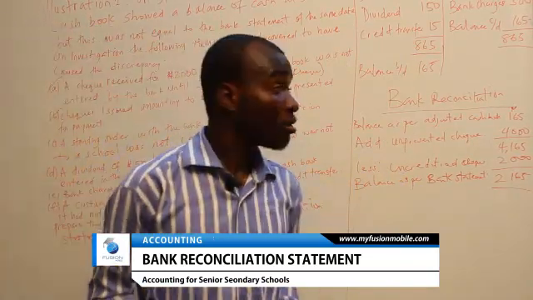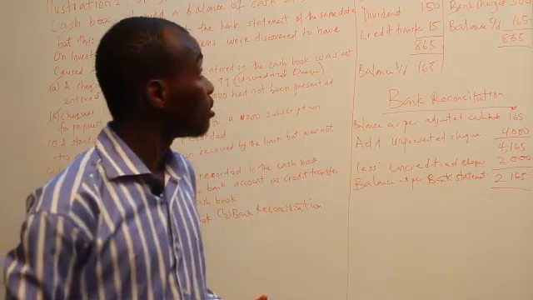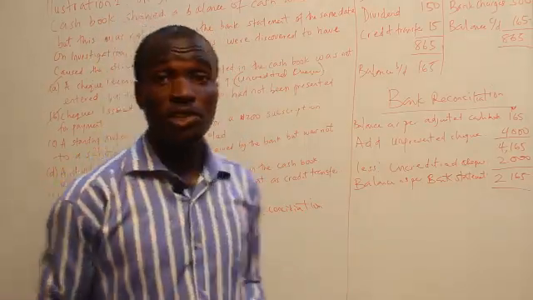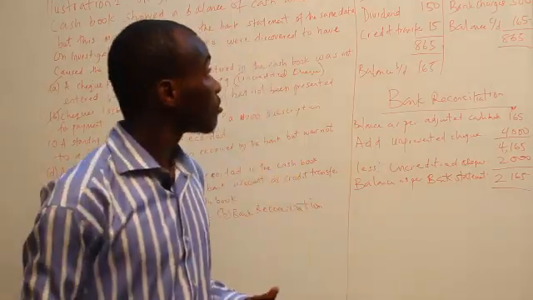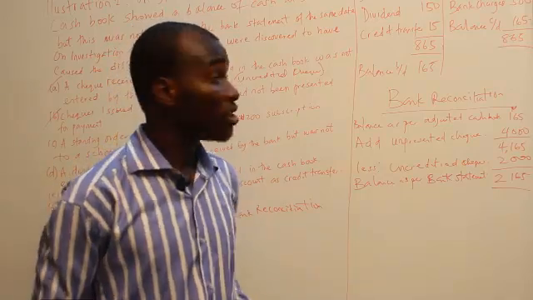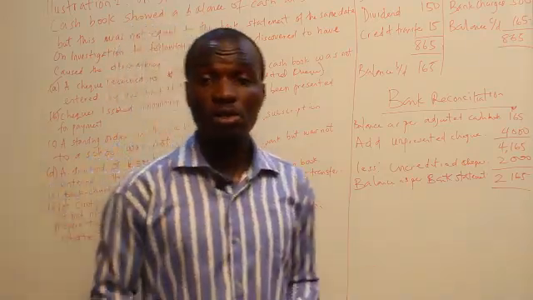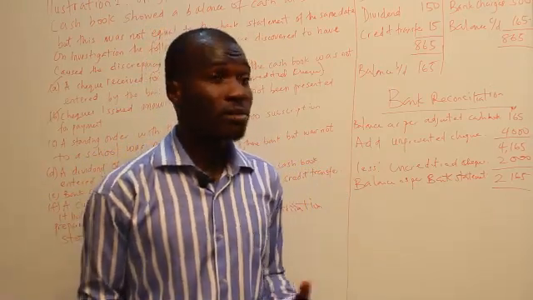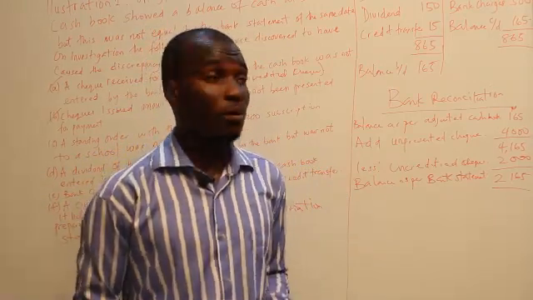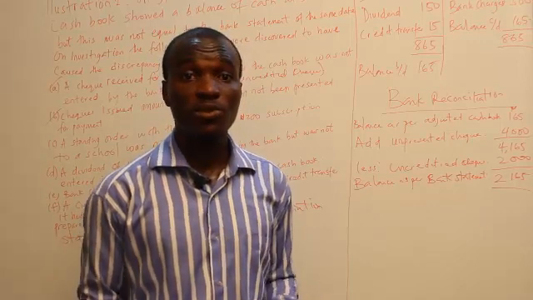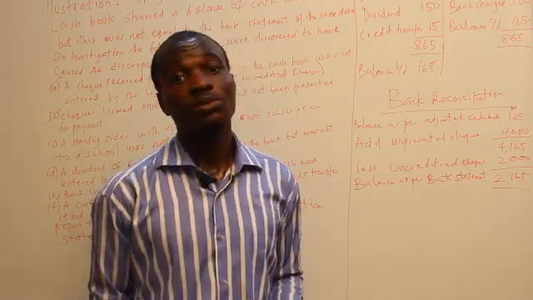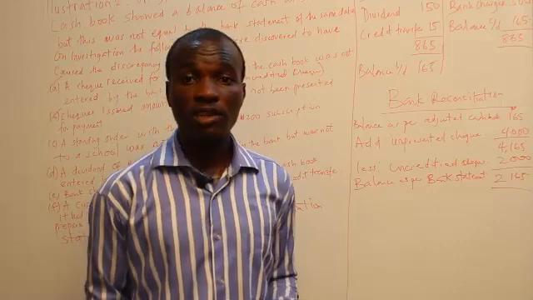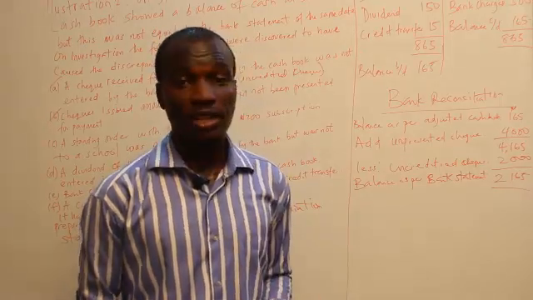In this class, we did the derivation of the bank reconciliation statement, and we also talked about the preparation of the bank statement and the reasons for the disagreement between the bank statement and the cash book, like the unpresented check, uncredited check, dividends, and the likes.